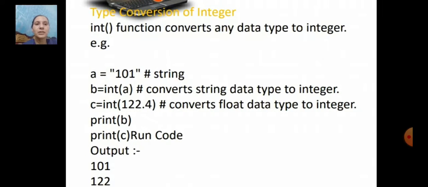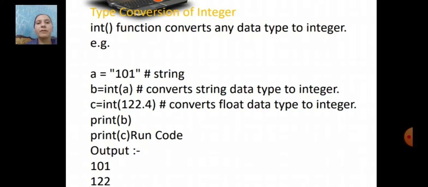Next is type conversion of integer. Type conversion means converting the value of a variable from one data type to another data type. For type conversion to integer we use the int function, and it converts any data type to an integer.